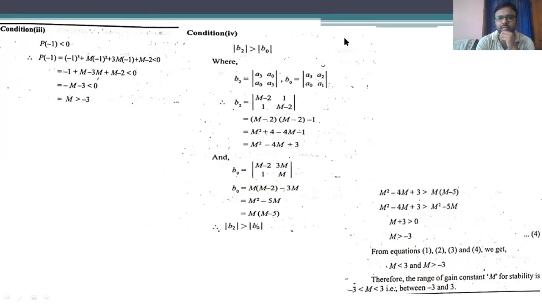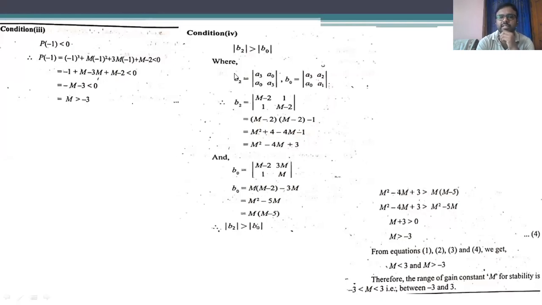The B2 value is obtained with the elementary matrix, that is M square minus 4M plus 3, and the B0 value is M into M minus 5.